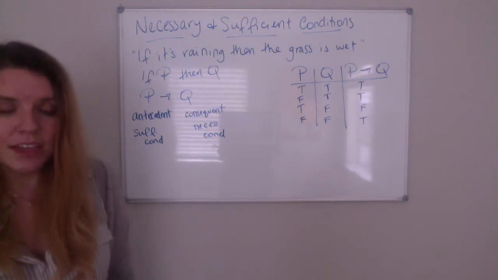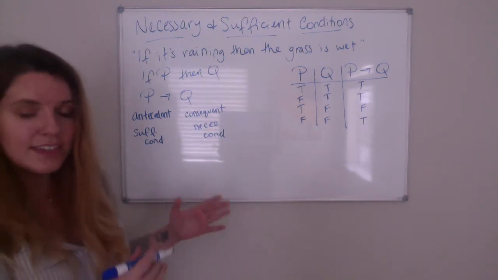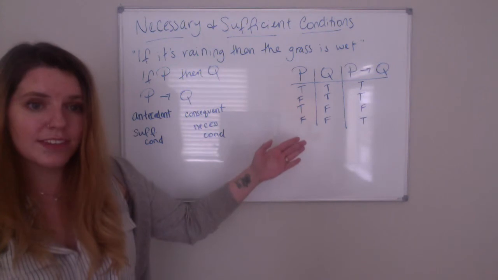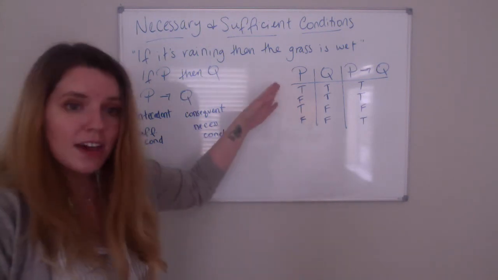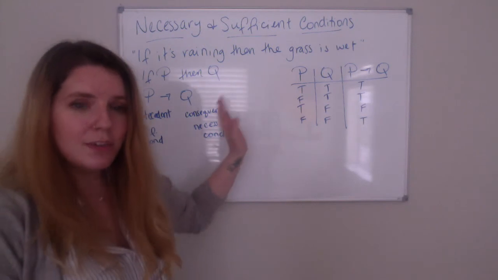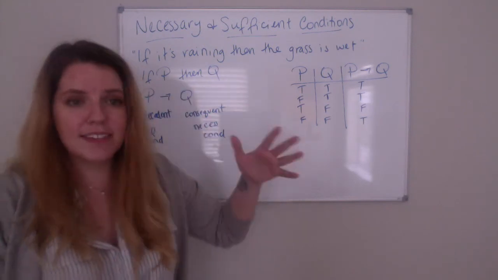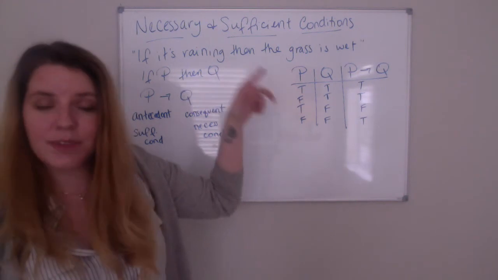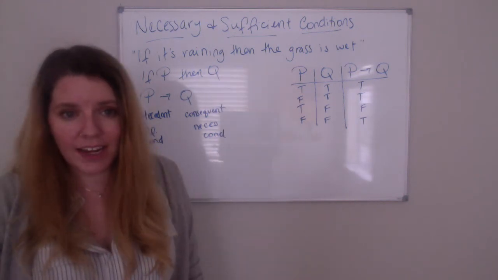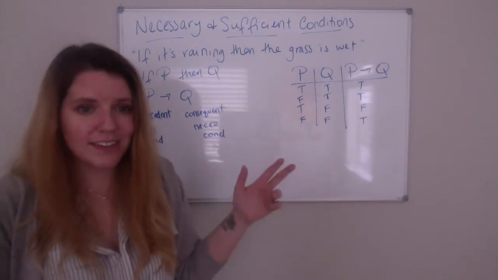All right, so let's use this to help us make sense of this truth table. So I think that we're pretty good on the first and the last row. Remember, a conditional makes sense that it's going to be true if we have this conditional, like if it's raining then the grass is wet, and it's raining, that's true, and it's true that the grass is wet.